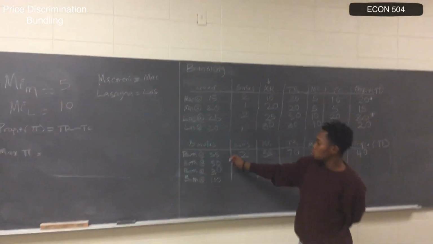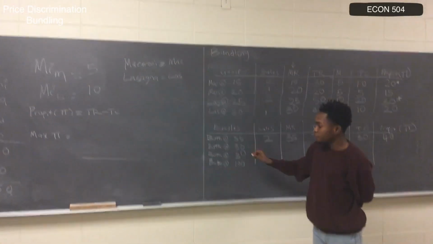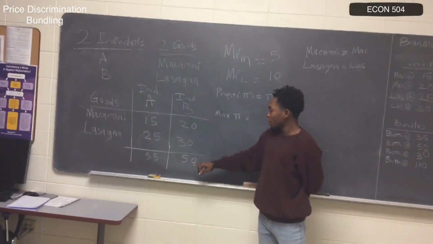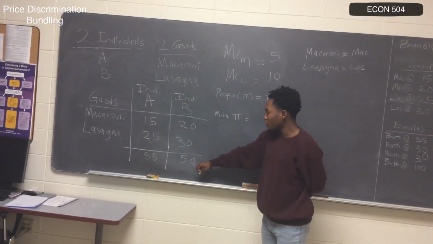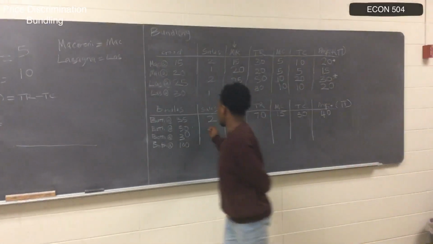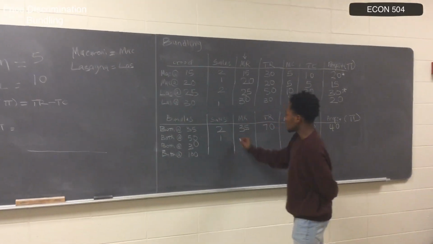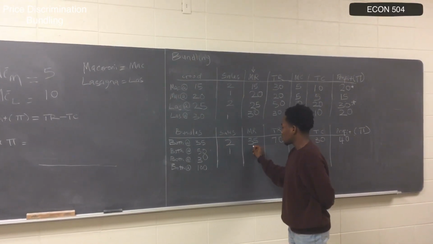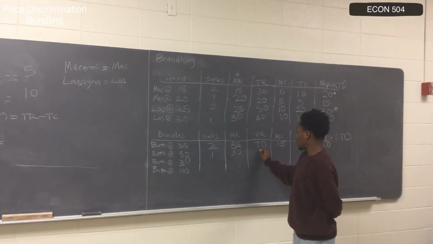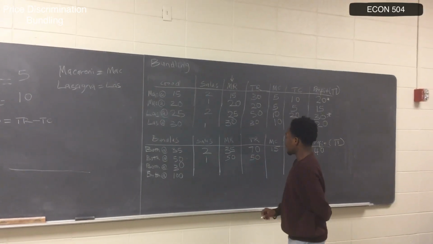If I sell both goods at a bundled price of 50, I can only sell to the second individual because she has more value of buying products than the first individual, and that's just 1. The marginal revenue is the price, which is 50. The total revenue is just 50 because I sell to one individual.